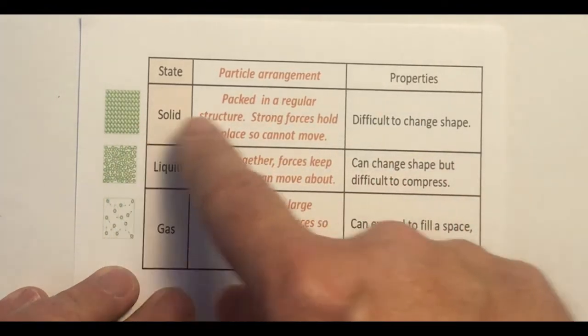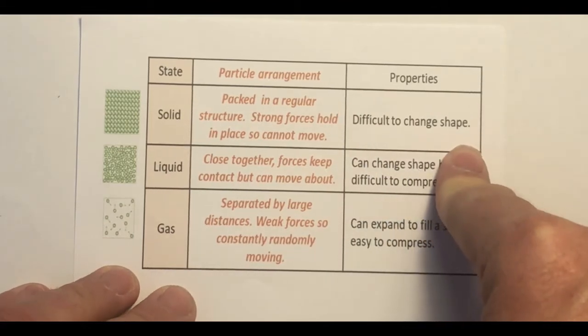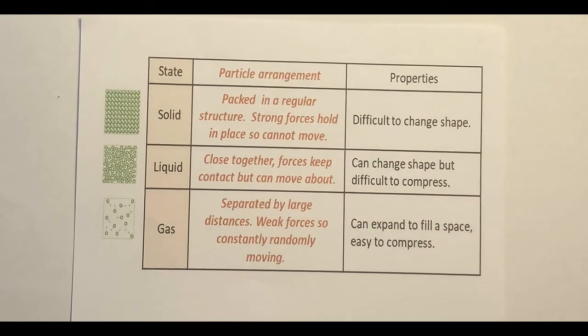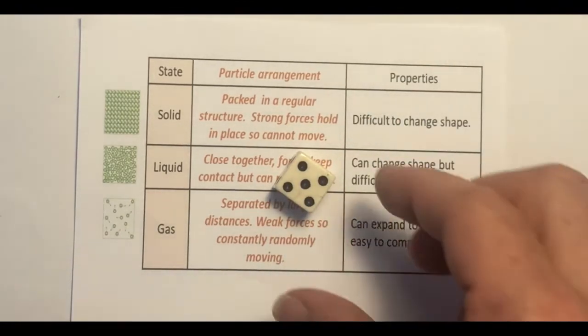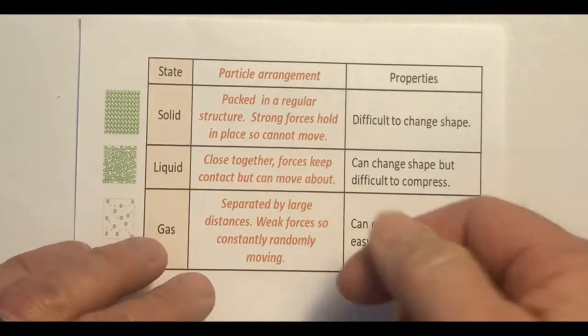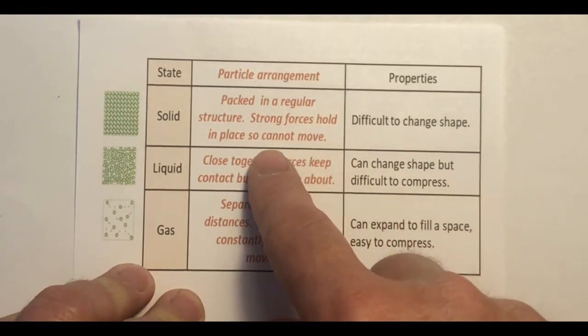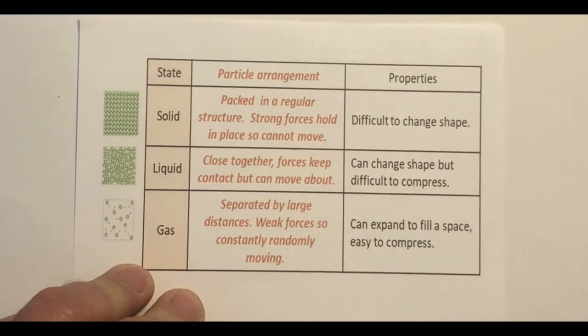The property of a solid is that it is difficult to change the shape. Here's a dice, a solid. For me to change the shape of that would require a large amount of force, and I would have to overcome the forces holding the particles in place within the substance.